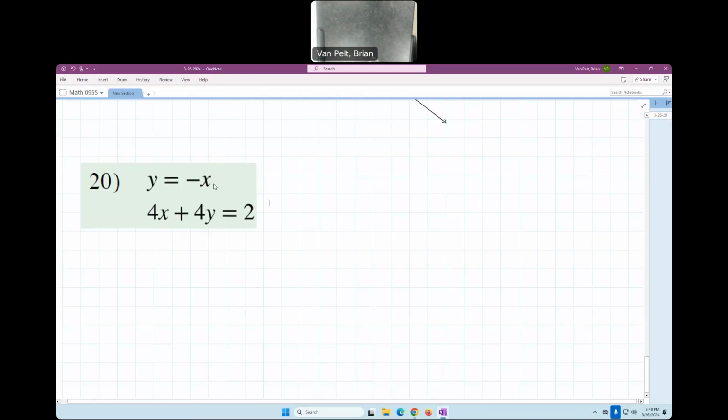On this first one, can you tell me what the y-intercept is? 0, 0. That's correct. This one you'll have to solve for y.